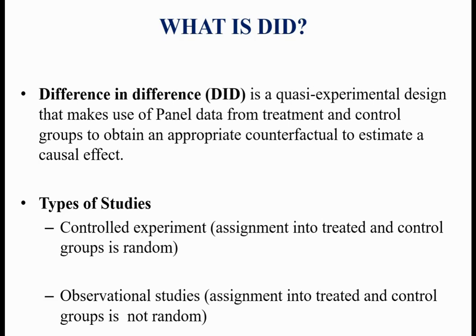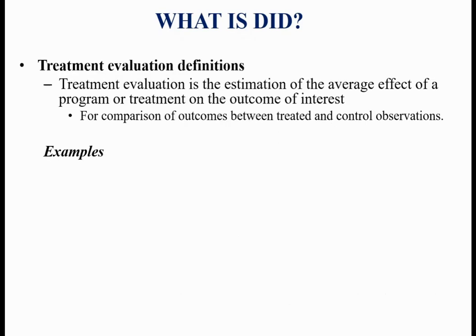A treatment can be any program, any intervention, any passage of law, any policy that has an impact on a particular variable. So if you are looking at a group that took part in a certain program, or a group that was affected by a certain policy, then we say that group is a treatment group.